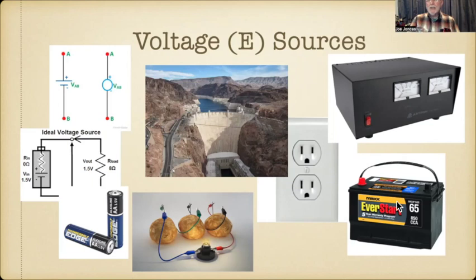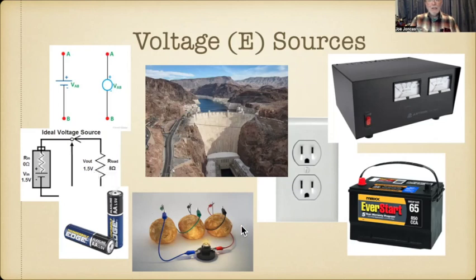Of course, here's a 12 volt battery from a car. Here is a schematic diagram of a battery source. Here's an AA battery, just an alkaline battery. Here's a battery over here, indicated with the load.